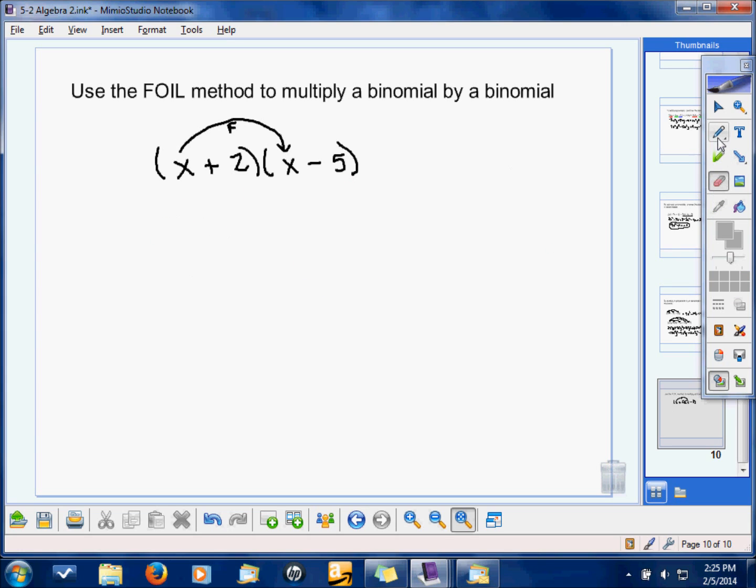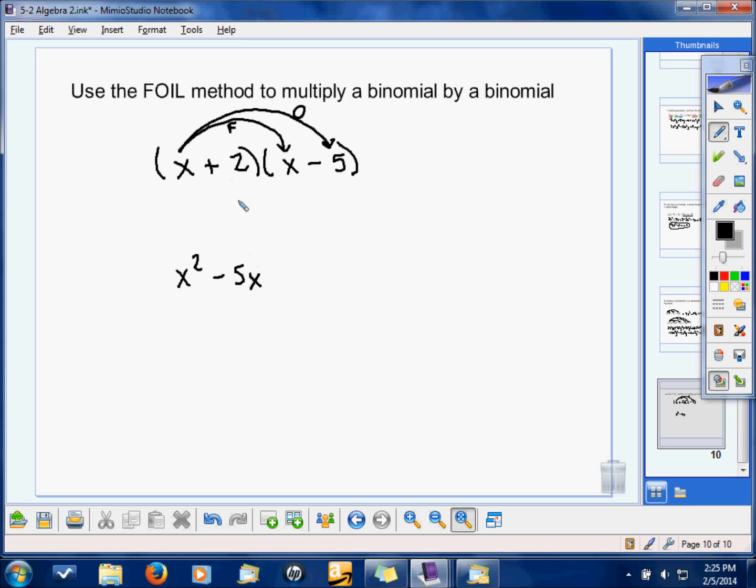Just because I'm showing you how to do it, normally I wouldn't need very much space at all. But so here's my x squared. The outer terms are out here. They're the ones on the outside. But look what I just did. Just like we did a second ago, we distributed that first one. We just distributed it to both pieces here. So x times negative 5 is negative 5x.